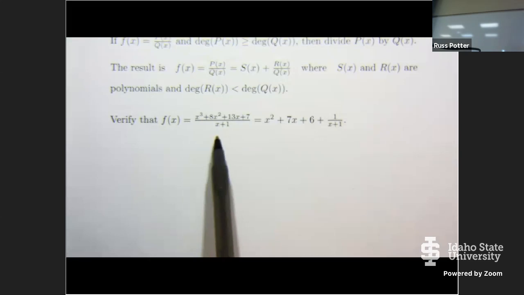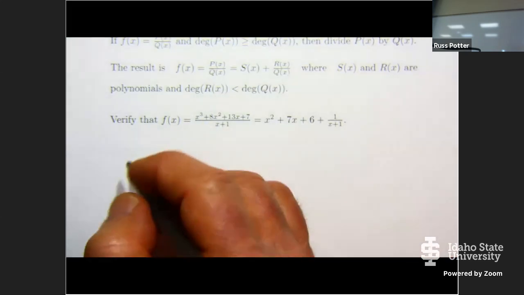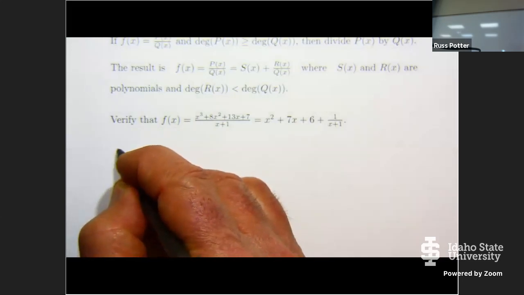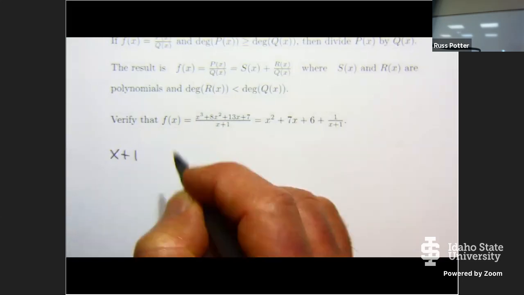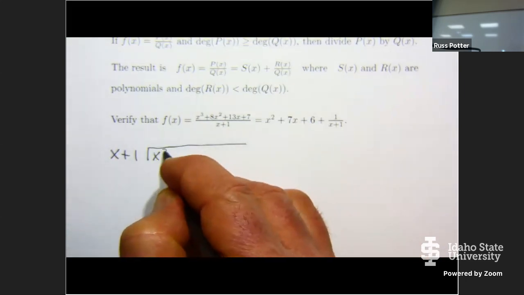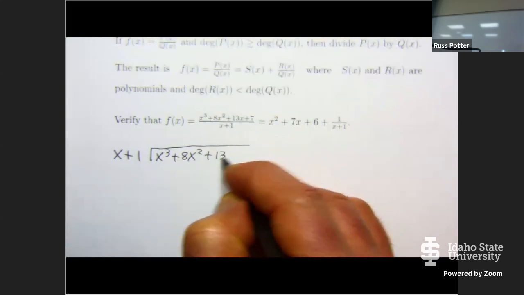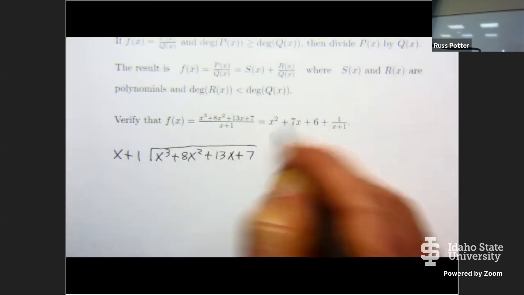So let's go ahead and divide the numerator by the denominator using polynomial long division. We're going to divide x plus 1 into the numerator. x to the third plus 8x squared plus 13x plus 7 is the dividend.